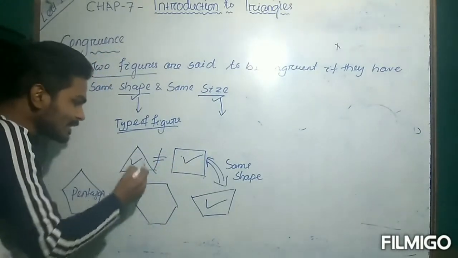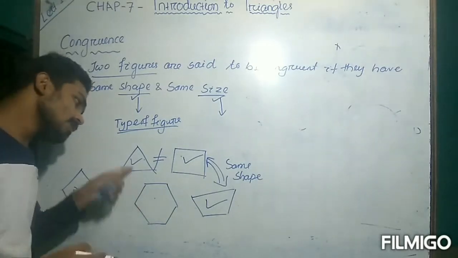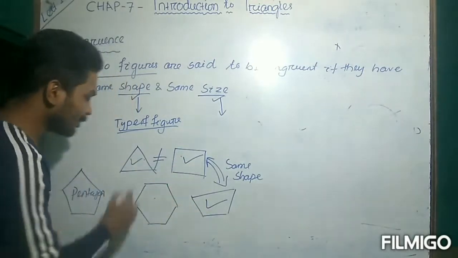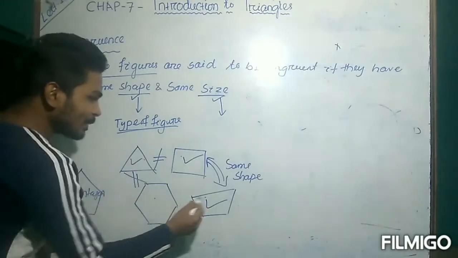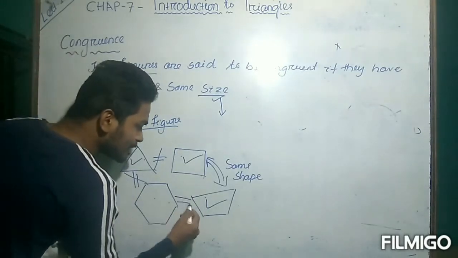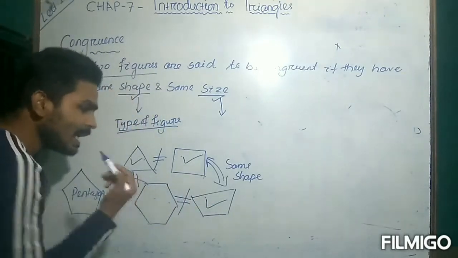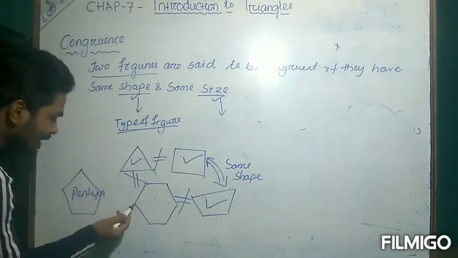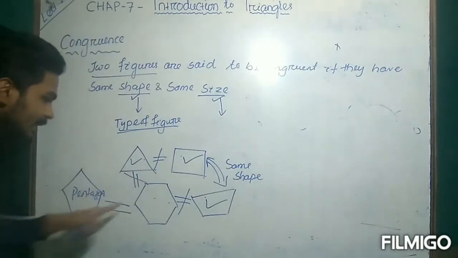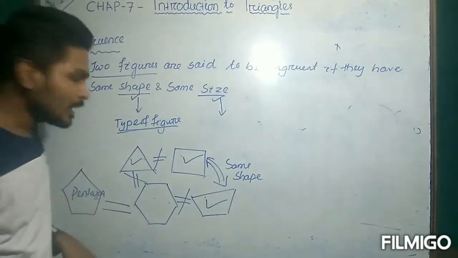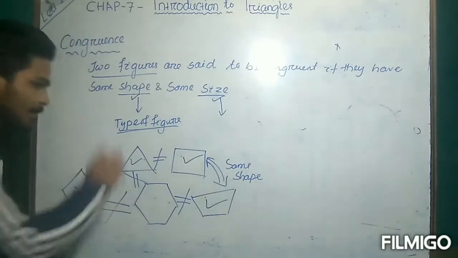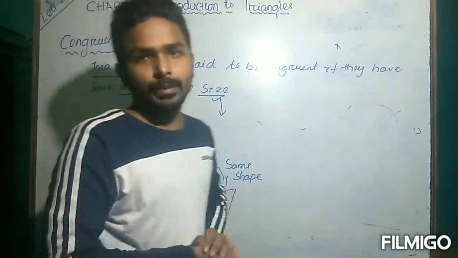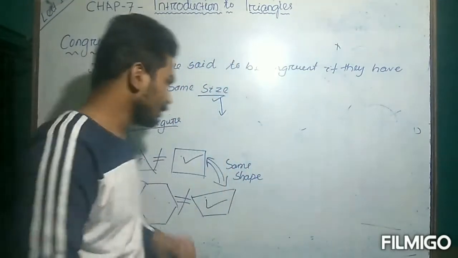If we compare this figure with this figure, then also these two figures don't have same shape, because this is a quadrilateral and this is a hexagon. If you compare this figure with this figure, one has 6 sides, the other has 5 sides, so they have different shapes. So this is the meaning of shape: shape means the type of figure.